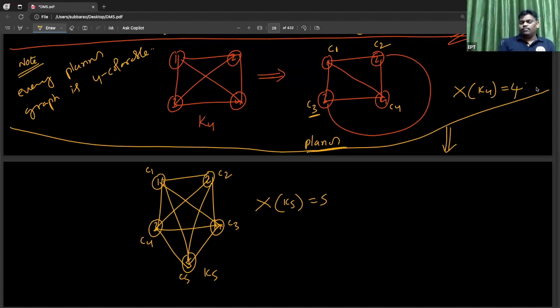There is a theorem. Every bipartite graph is 2 colorable. Similarly, every planar graph is 4 colorable. More than 4 colors are not required. Either 4 or less than 4. If it is not planar, it is non-planar, it may take more than 4.